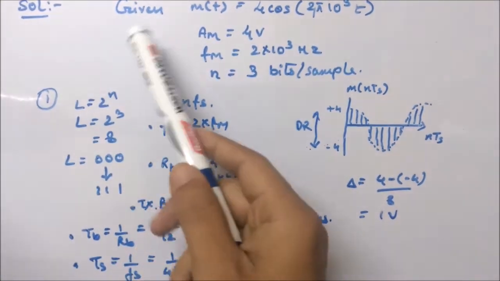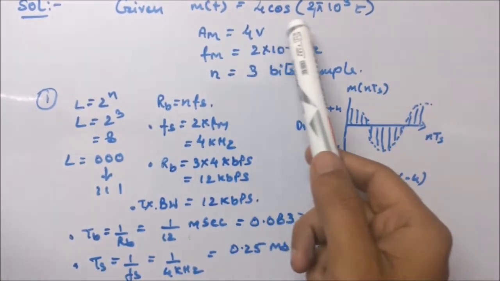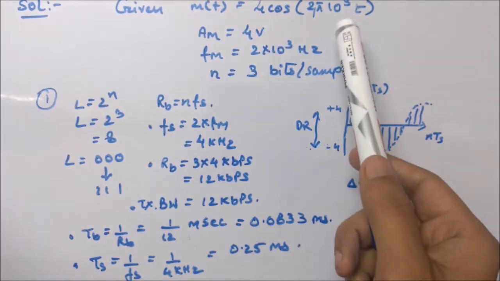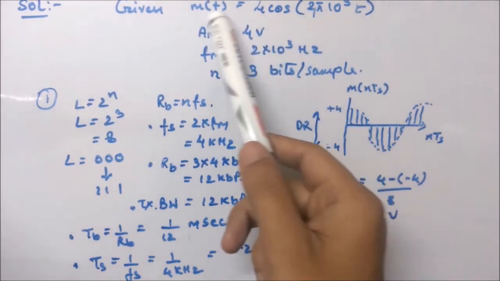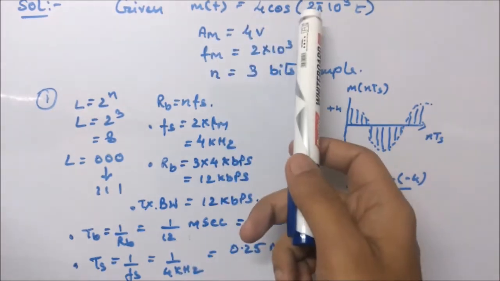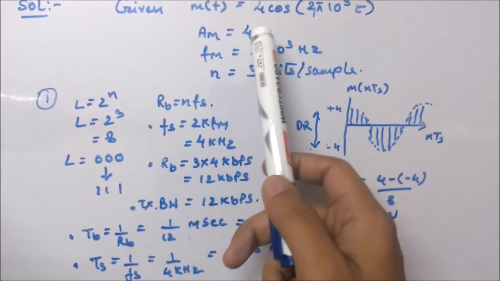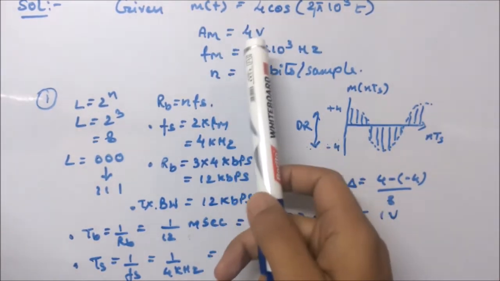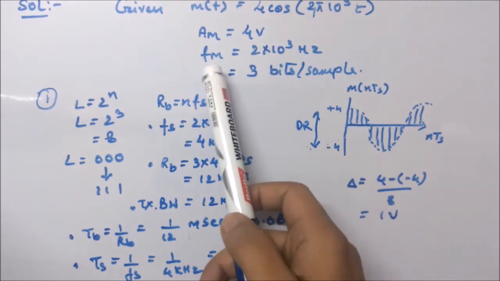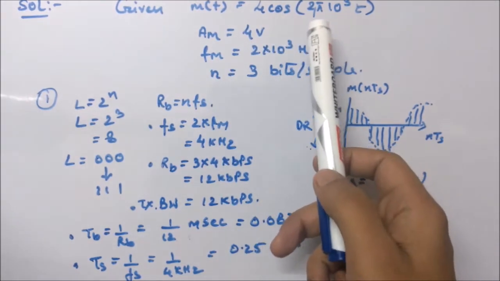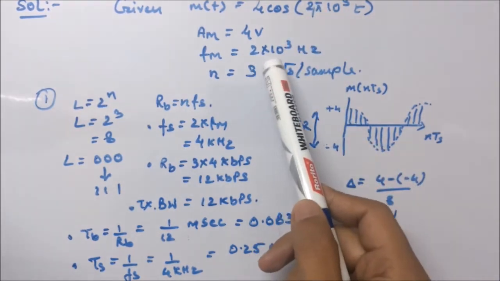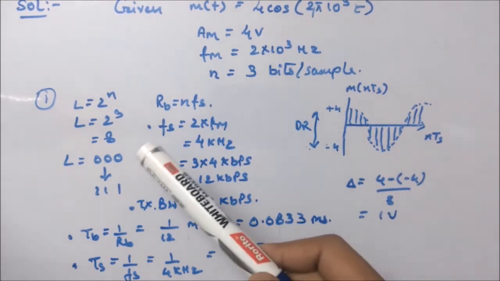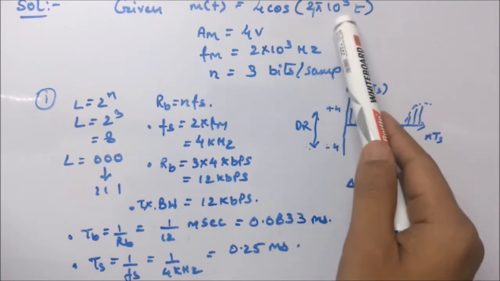Here you can see we have been given m(t) equal to 4 cos(4π×10^3 t). This is our message signal. From this you can decode that Am, the maximum value of the message signal, is 4 volt, and fm, the frequency of the message signal, is 2×10^3 hertz.